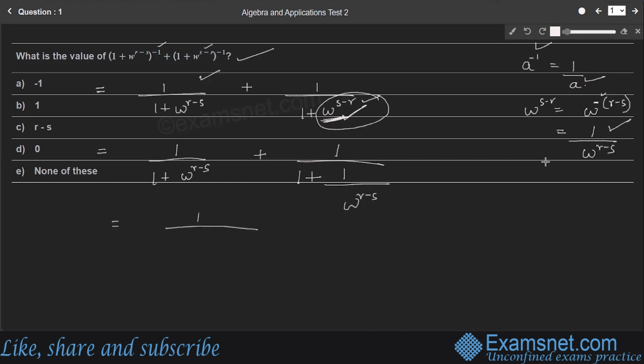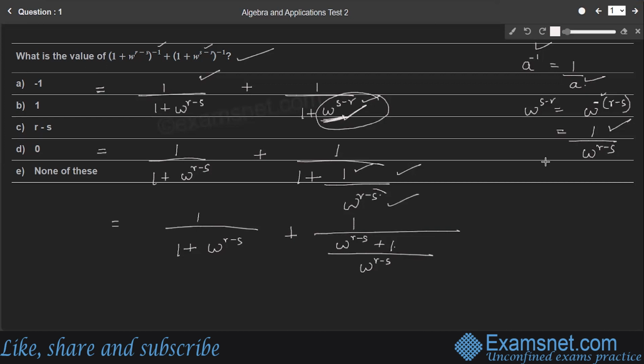Simplified. So the first term will be as it is, 1 by 1 plus w raised to r minus s, plus, in the second term, the denominator of the denominator is w raised to r minus s. So the numerator of the denominator becomes w raised to r minus s plus 1, since we are taking w raised to r minus s as LCM here.